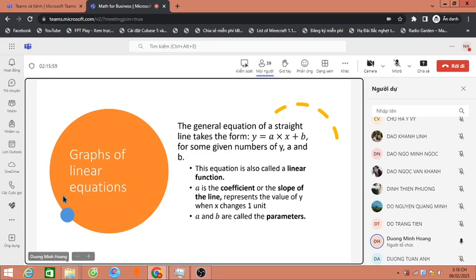And a and b are both called parameters. So to repeat, a is what we call the coefficient or slope of the line, and a and b in this case we call parameters. And of course, x is the independent variable and y is the dependent variable.